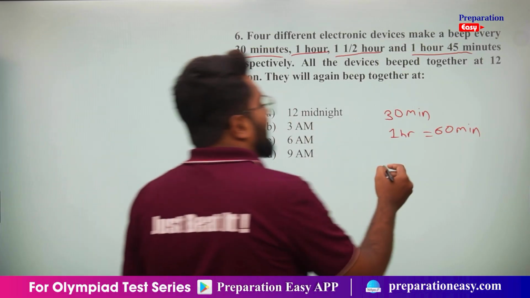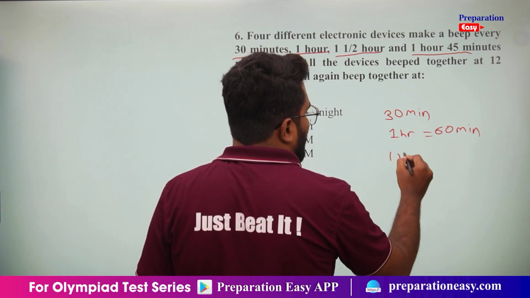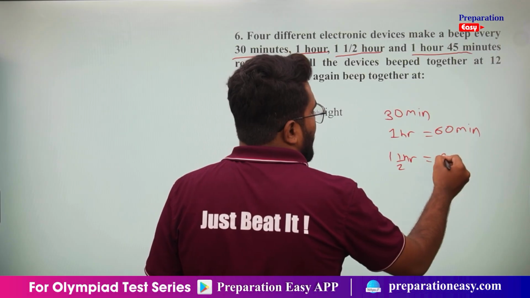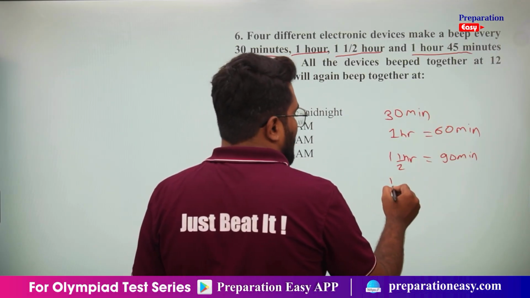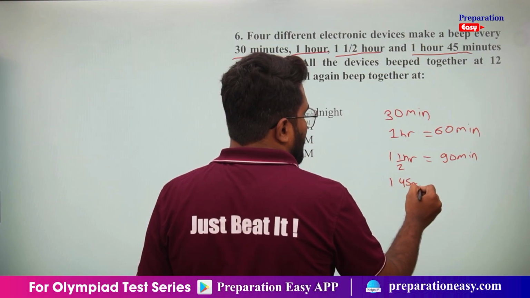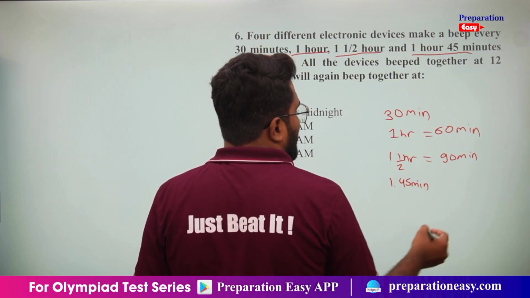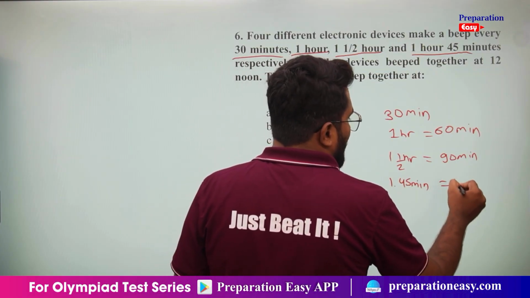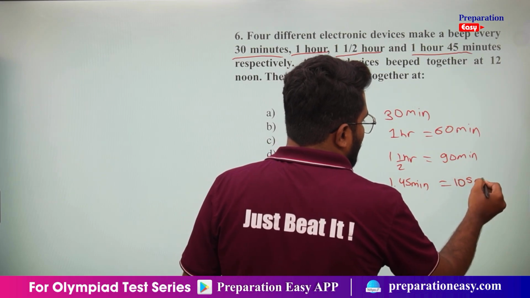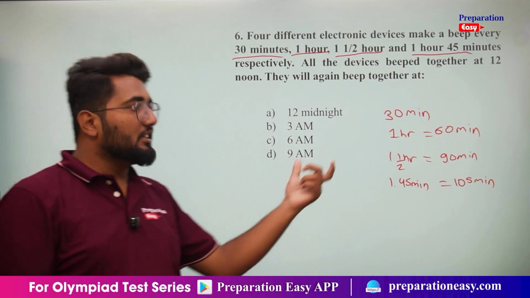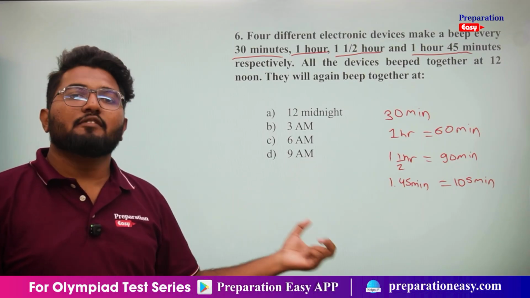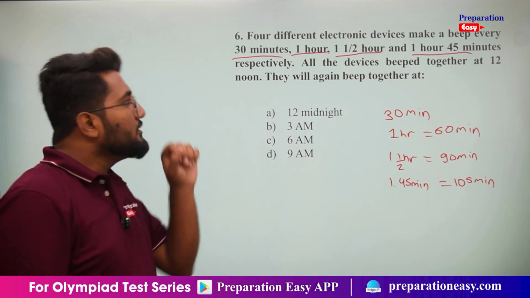The third is 1.5 hours, that is 90 minutes, and the last one is 1 hour 45 minutes, which is equal to 105 minutes. So we got the values: 30 minutes, 60 minutes, 90 minutes, and 105 minutes.